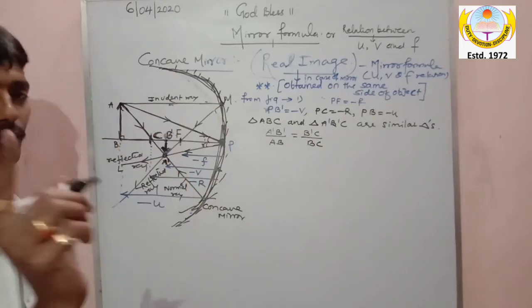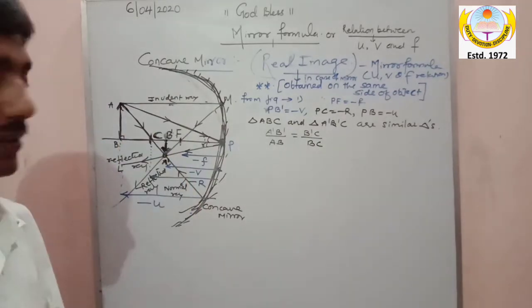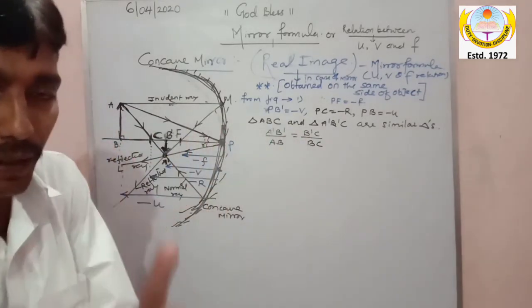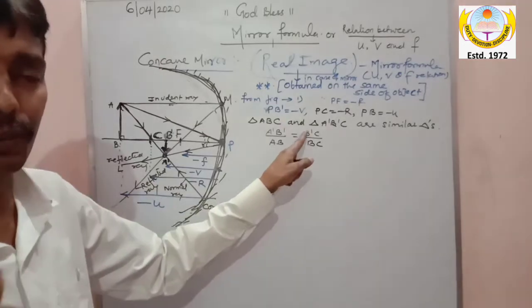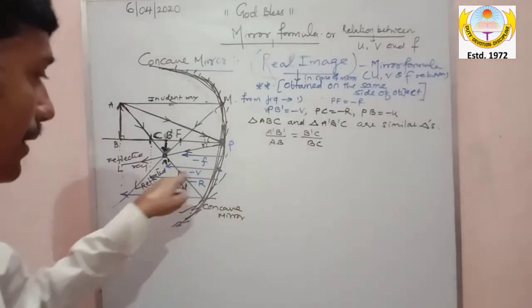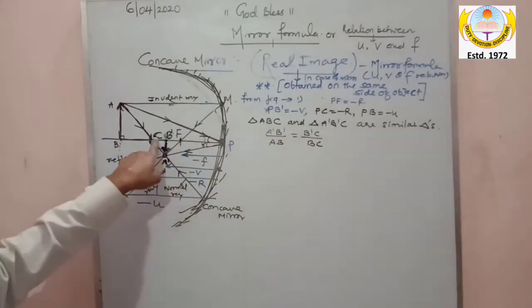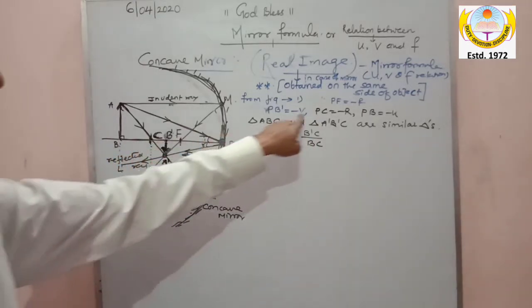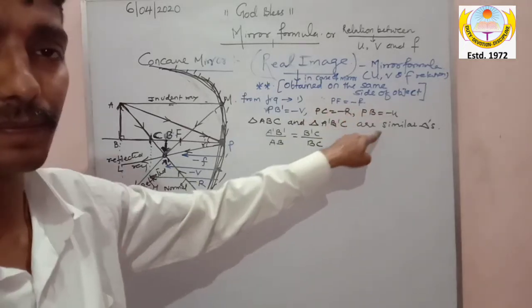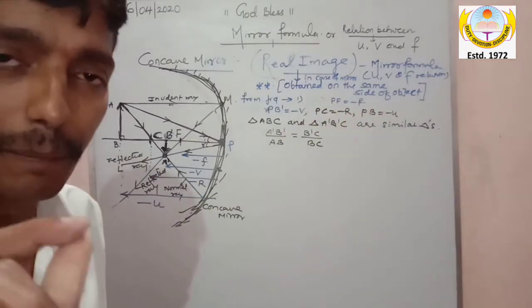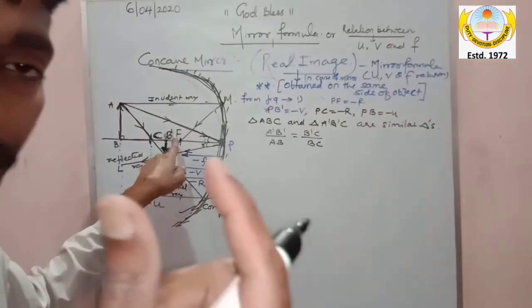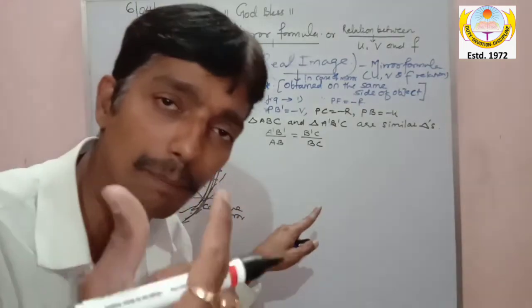Now here one small request. My dear, here you have to substitute the values which I have written. When you see B dash C, I have not written any B dash C here, so I don't know the value of B dash C in terms of distance. Please take care, this is very important.